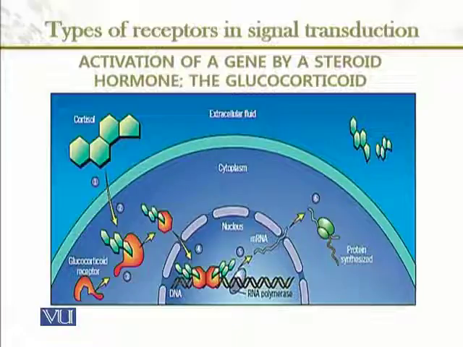For example, here you see what happens. We have cortisol going inside the cell, through the cell membrane, into the cytoplasm, and then it combines with the glucocorticoid receptor, goes into the nucleus, combines with the DNA, and then with the RNA polymerase.